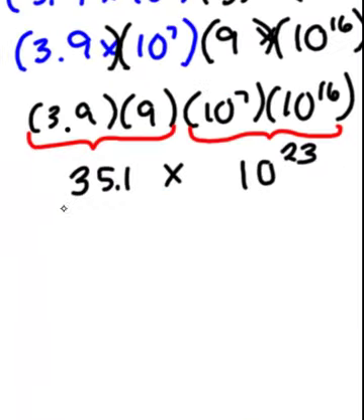Unfortunately, this is not our final answer, because in order for this to be true scientific notation, this number here has to be between 1 and 10, and it's not. 35 is greater than 10.